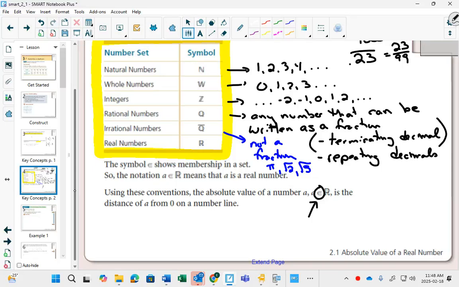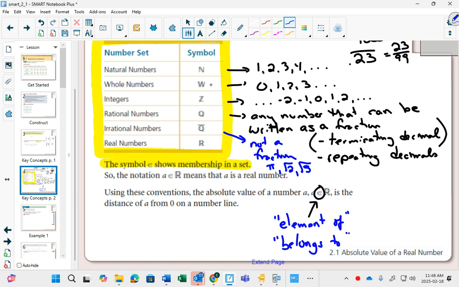It talks about this symbol. Maybe I'll highlight this as well. Showing membership. It looks like an E. Sometimes we read this as element of, probably more often. A belongs to the real numbers.